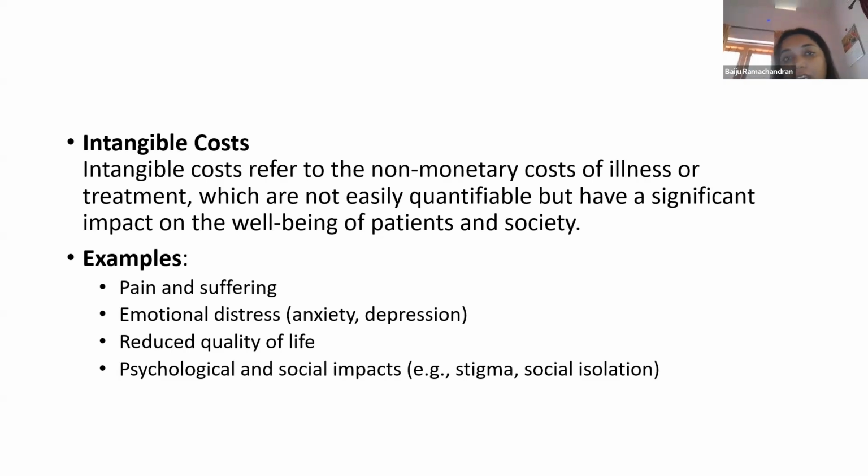It refers to the pain, the suffering, the emotional distress, the reduced quality of life, the social isolation, the psychological factors, everything included in intangible cost. It refers to the pain and suffering that we have undergone when we got a disease. So that is meant by intangible cost.